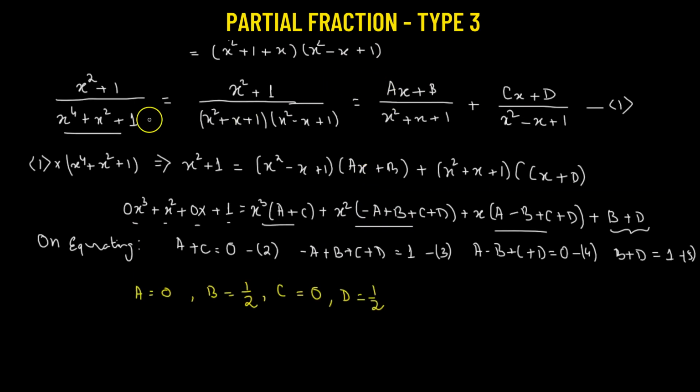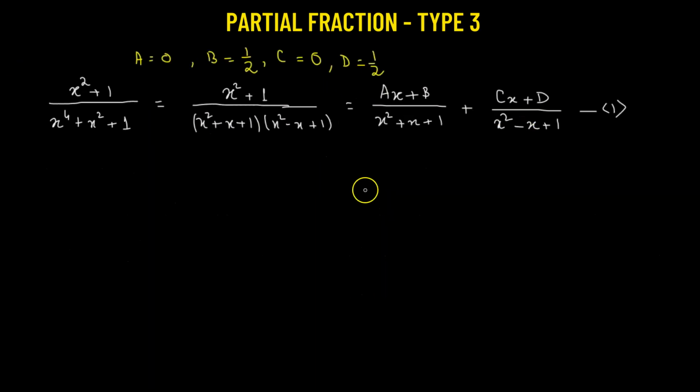What we'll do, we'll substitute this back in equation number 1. So in place of a, we have 0. So we have 0 times x added to half divided by x squared plus x plus 1. And we have 0 times x, c is 0, plus the d value, which is half, divided by x squared minus x plus 1.